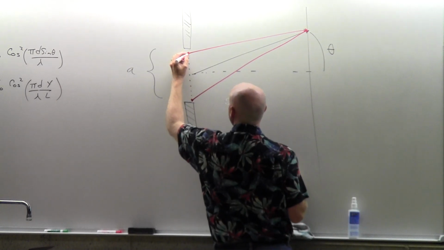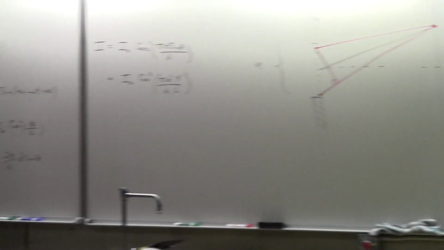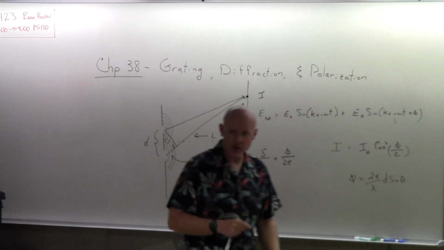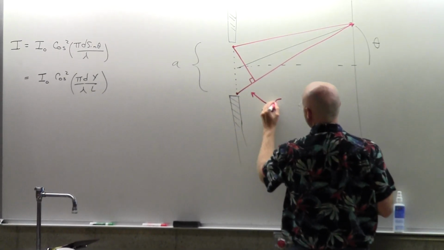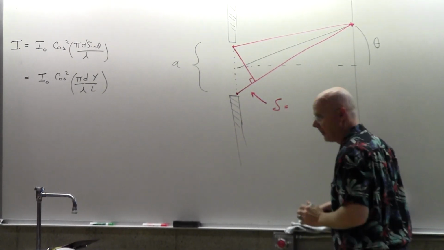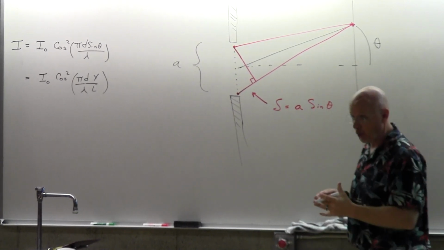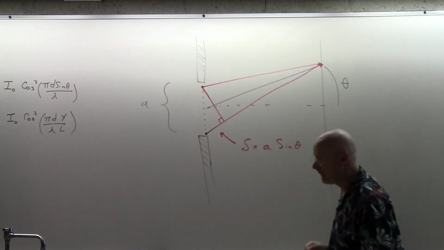And if I draw the same picture that we saw back here with the double slit, there would be a path difference between the two. Now, remember, when I say there's a path difference, I'm talking about the path difference between the ray at this edge of the opening and the ray at the other edge of the opening.